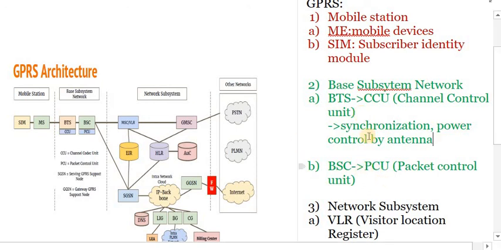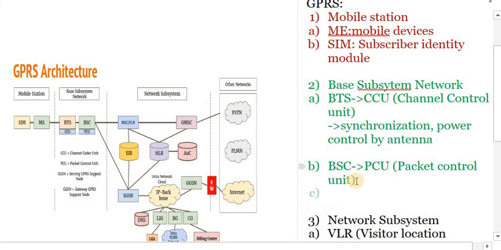This CCU is engaged with the BTS, so whatever services are provided by the BTS are provided by the CCU also. Now the second component inside the base subsystem network is the BSC, the base station controller, and the PCU is engaged with the BSC.